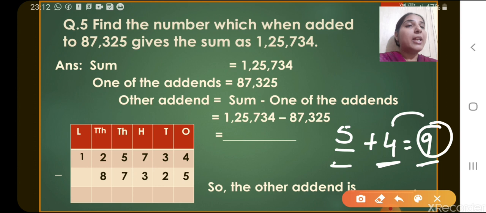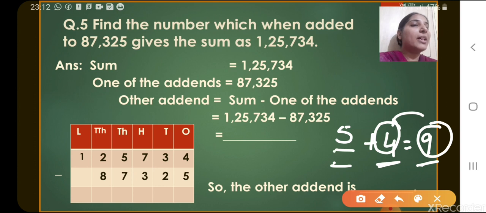In the same way, in this question, what is being asked? Find the number which when added to 87,325 gives the sum as 1,25,734. So what is being given to you? The sum is being given and one of the addends is being given. Like in this case, one of the addends was 4.